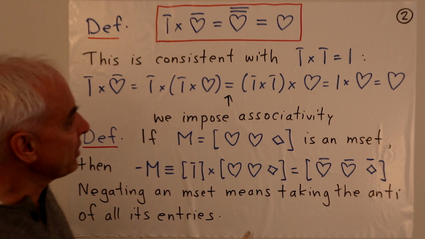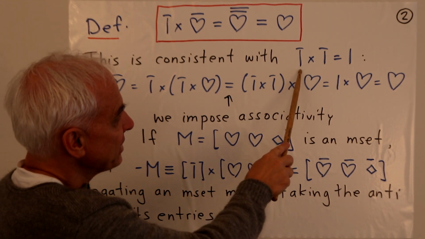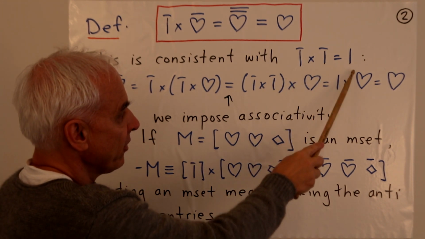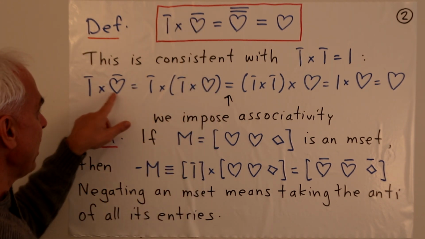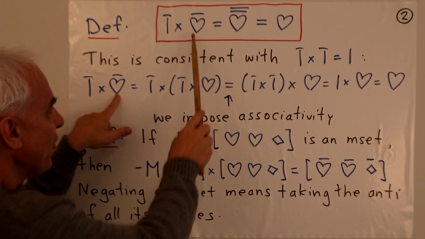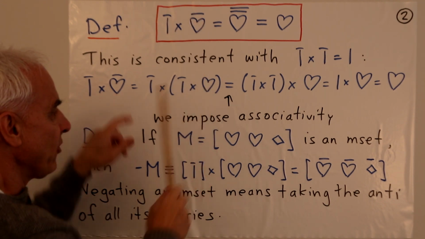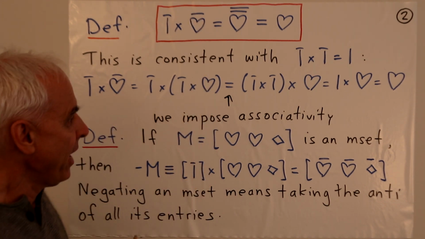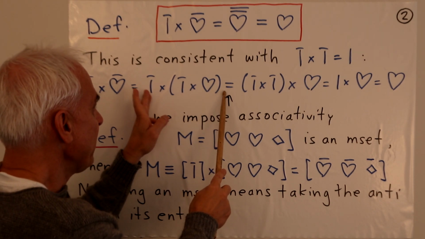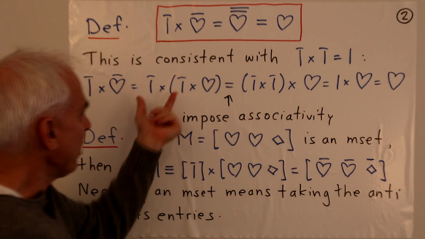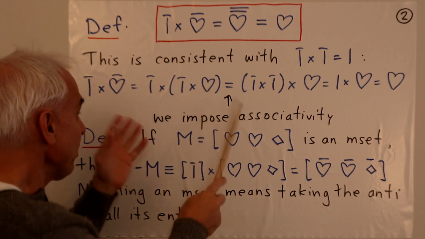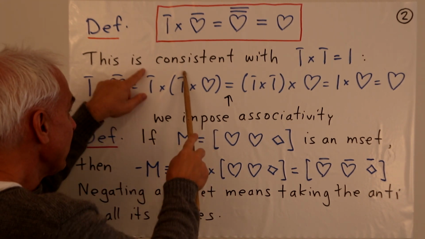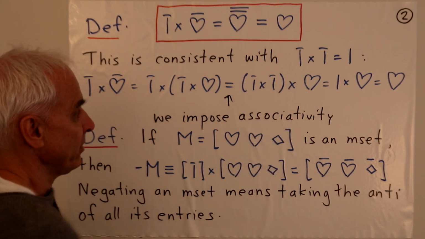And this is really consistent with our understanding that anti-mark times anti-mark is mark. Because this thing here is anti-mark times heart bar, and this heart bar is anti-mark times heart. And what we're doing is we're saying, let's agree that this thing is the same as this. And we're allowed to use associativity at this level to rewrite this as anti-mark times heart.